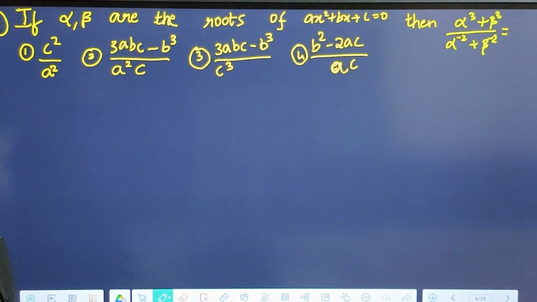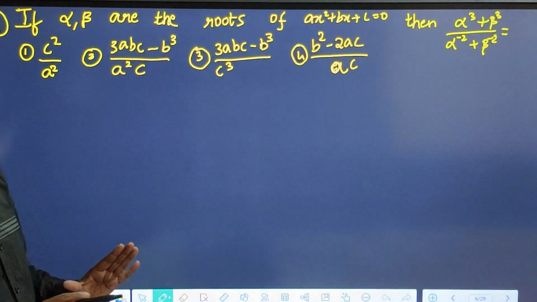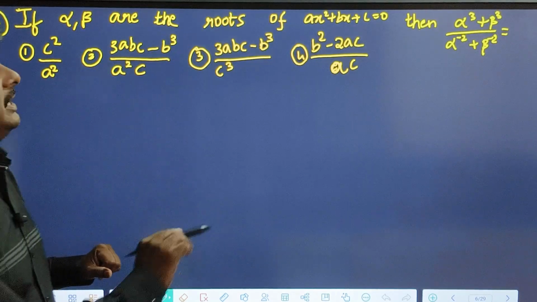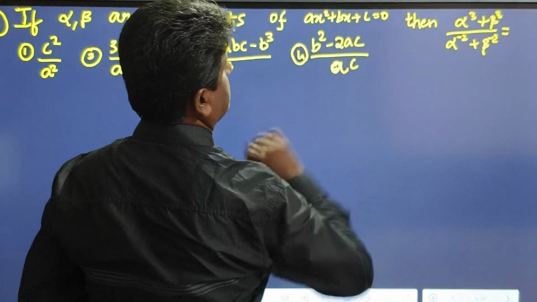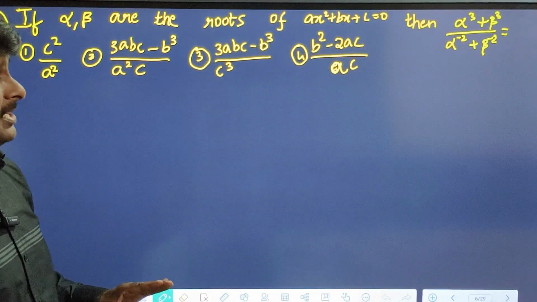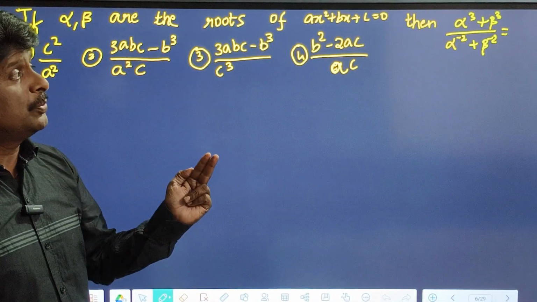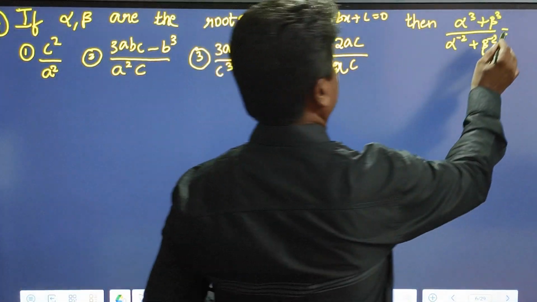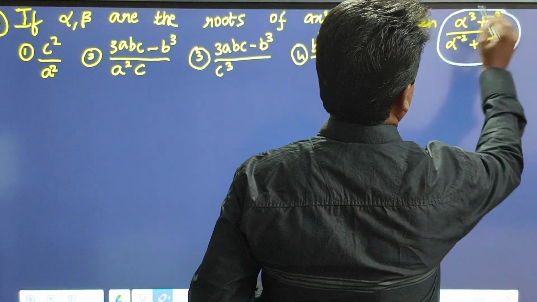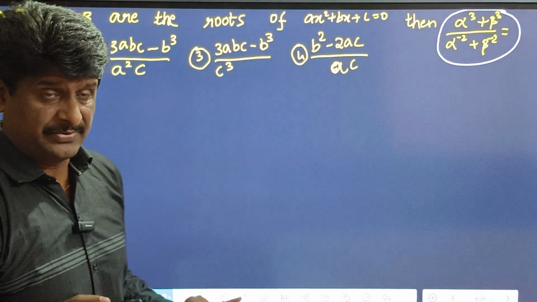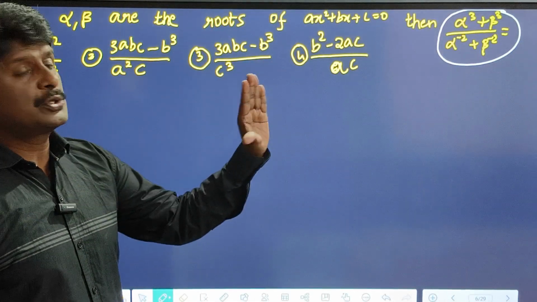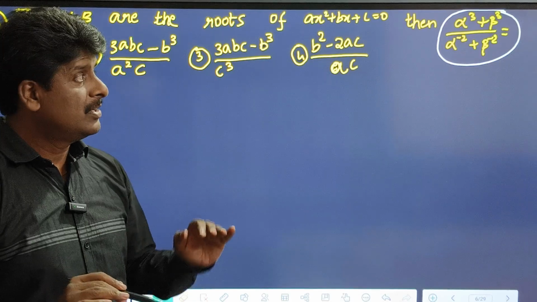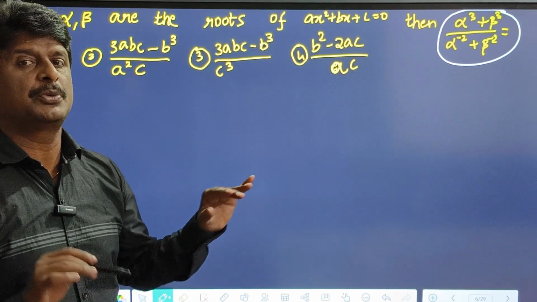Let's move on to question number 4. If alpha comma beta are the roots of ax square plus bx plus c is equals to 0, then alpha cube plus beta cube by alpha power minus 2 plus beta power minus 2. Do observe that in order to solve this question, we need to remember the alpha cube plus beta cube formula.